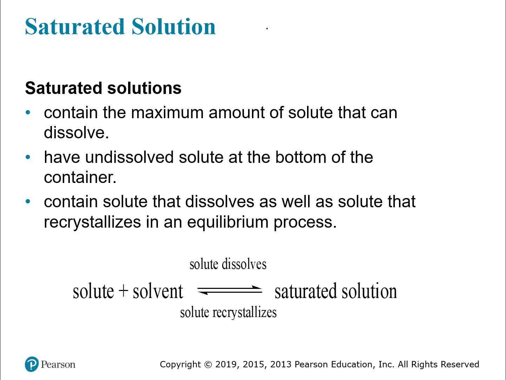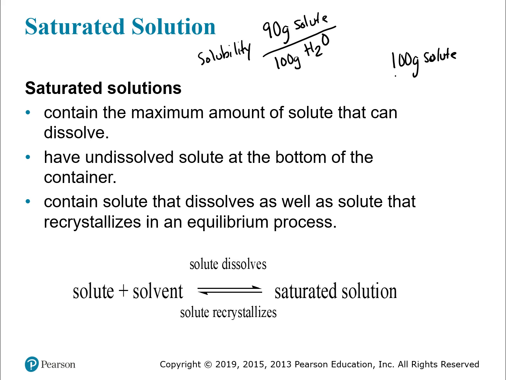So if we go with our example of saying 90 grams of solute and 100 grams of water, if that's our solubility, if I had 100 grams of solute and 100 grams of water, or if I had even 95 grams of solute and 100 grams of water, those would be saturated solutions.